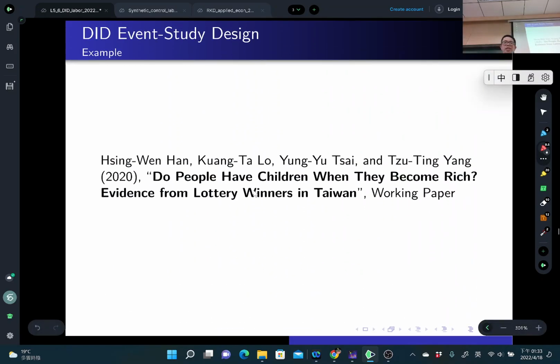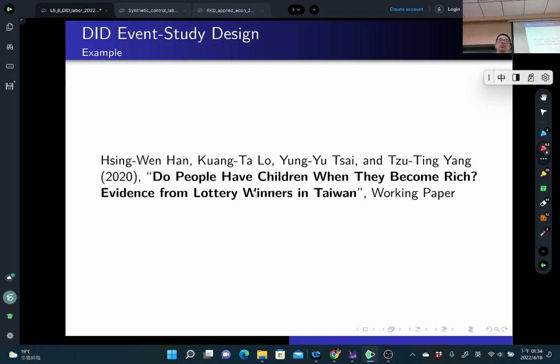So I will use an example from my paper to show what this means. Okay. So any question for this? This paper is about whether people have children when they become rich. So we want to know the causal effect of household financial resources on people's fertility decisions.